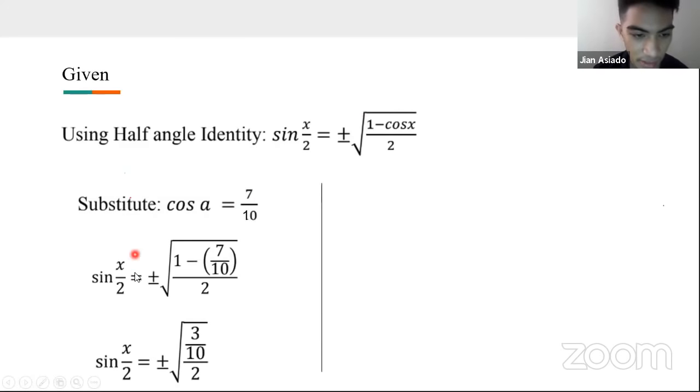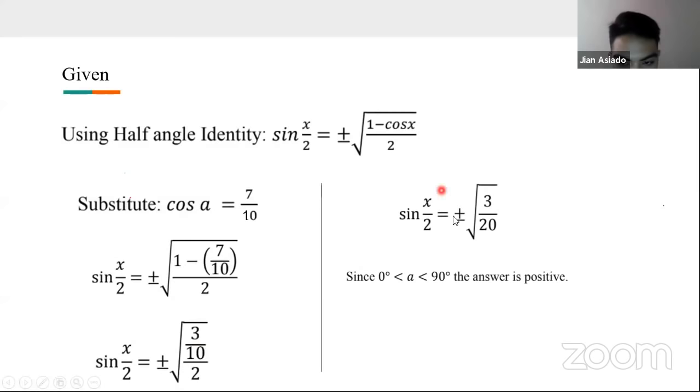And then, ayan, simplify, no? 1 minus 7 over 10 is just 3 over 10 over 2, no? So, ito 3 over 20, and then plus or minus. So, since nasa 0 to 90, it means nasa quadrant 1 siya, no?